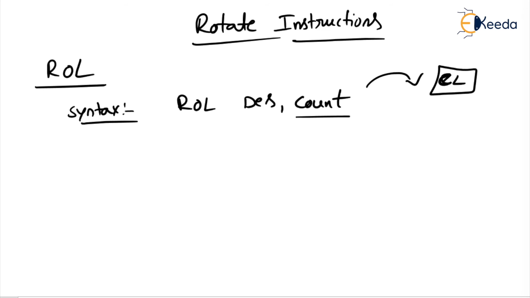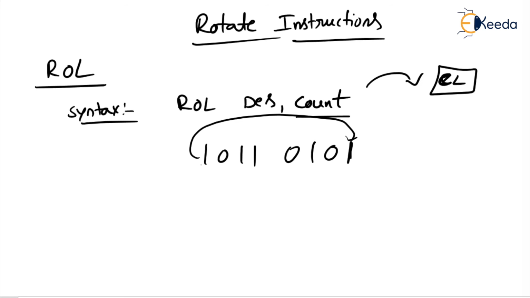Let us consider one example. Simply I will take 1 0 1 1 0 1 0. You perform the rotate left operation, right? When you are performing rotate left, this MSB is transferred to where? LSB. MSB is transferred to LSB and also to the carry flag.